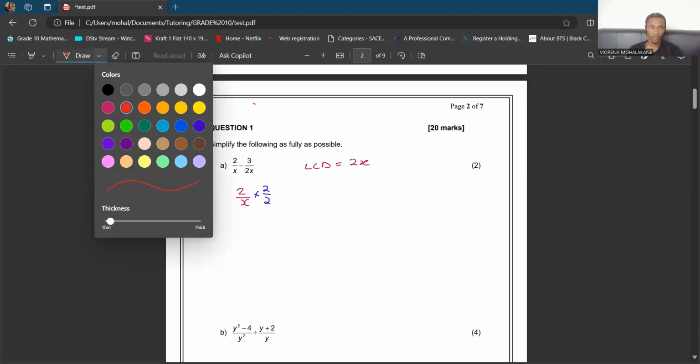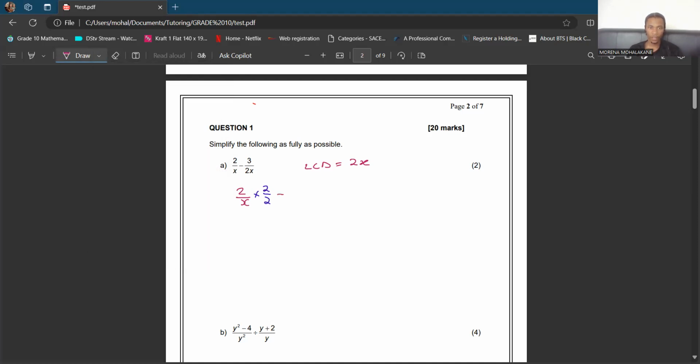And then if I continue, it's negative 3 over 2x. I don't need to change this to x because the LCD is 2x. Good. Now I have 4 over 2x minus 3 over 2x.